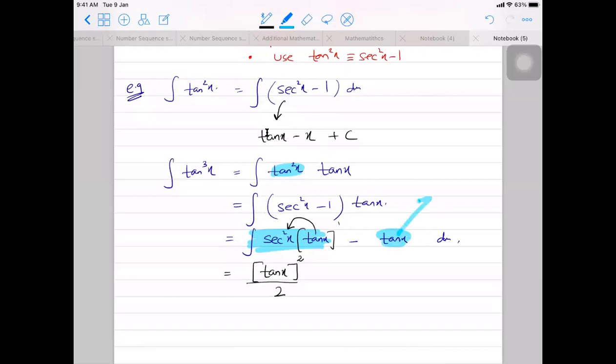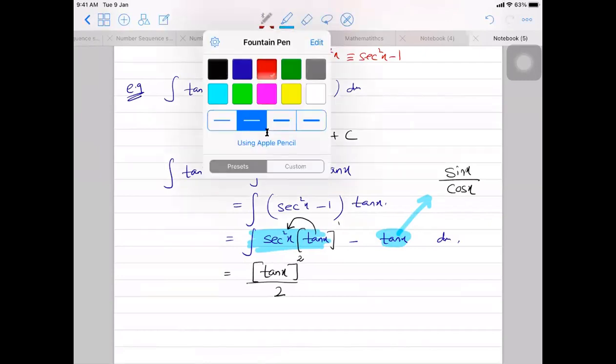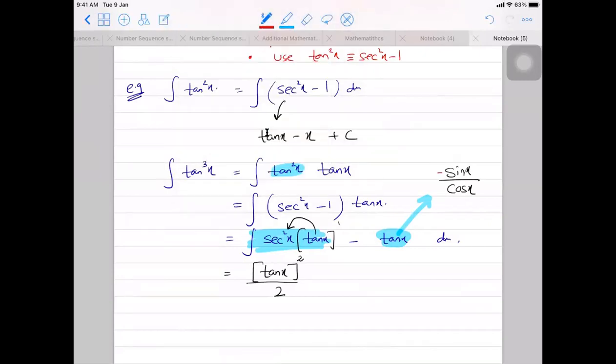Tan x is basically a ratio of sin x over cos x. What is the differentiation of cos x? Differentiation of cos x is minus sin x. So if I want the numerator to become the differentiation of the denominator, I'll have to apply a minus sign over here. So I'm going to apply a minus sign outside as well.